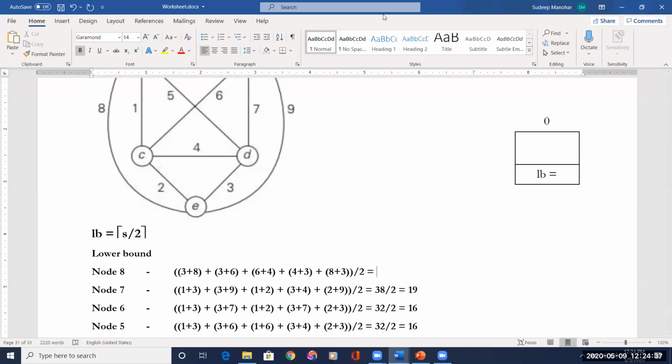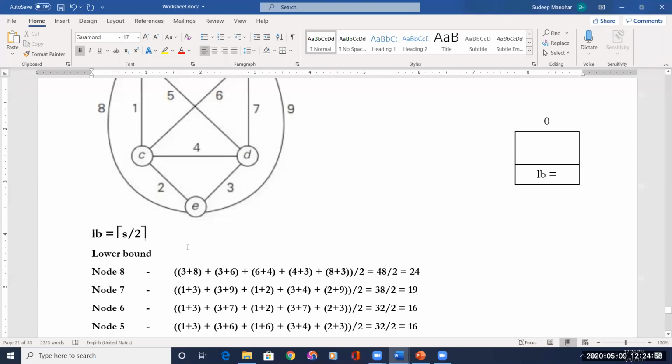Now the total: 8 plus 3, 11, 20, 30, 37, 48 by 2. So that is 24. So 24 is done.